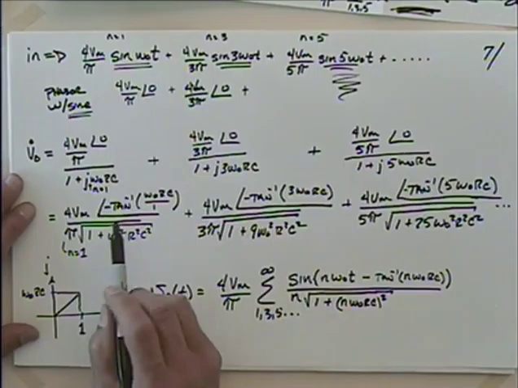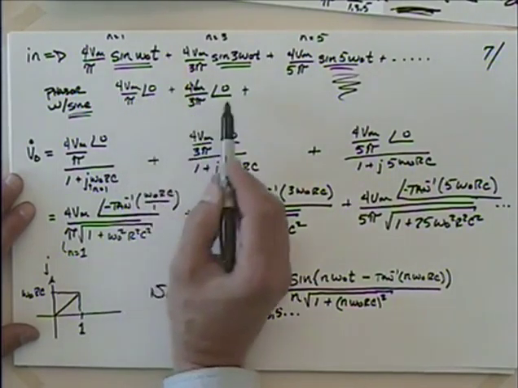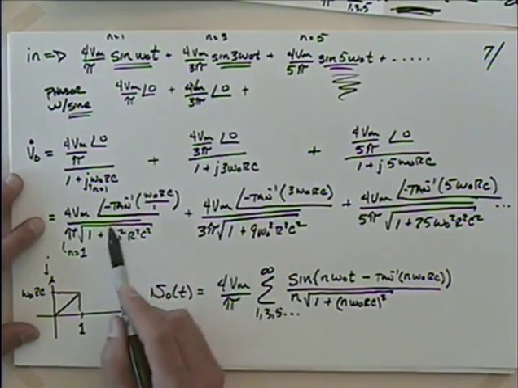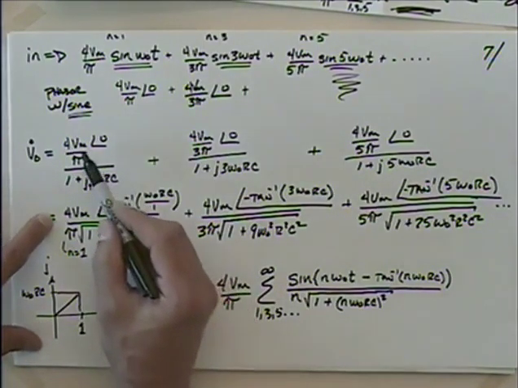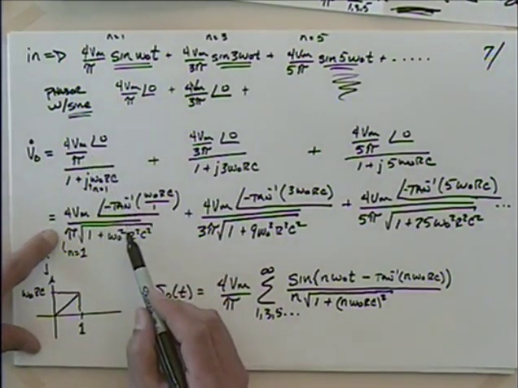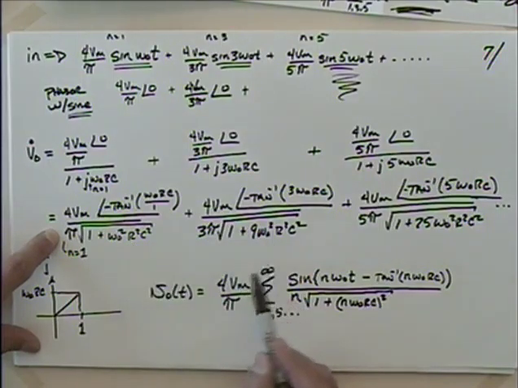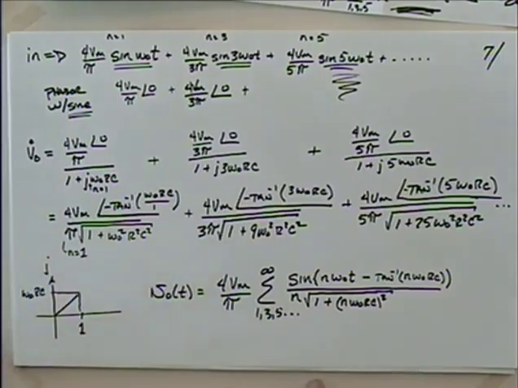I converted it to the phasor domain, and this one is in the phasor domain with the magnitude, and then I went back to the time domain.